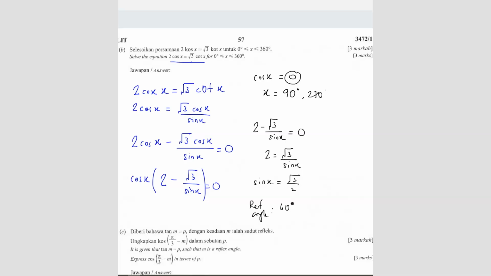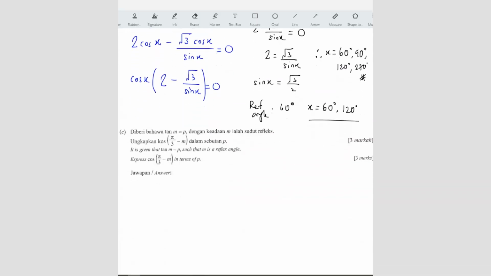So the angle for x will be 60 degrees, and also 180 minus 60, you get 120. Therefore you have 4 answers: 60 degrees, 90 degrees, 120 degrees, and also 270. These are your answers.